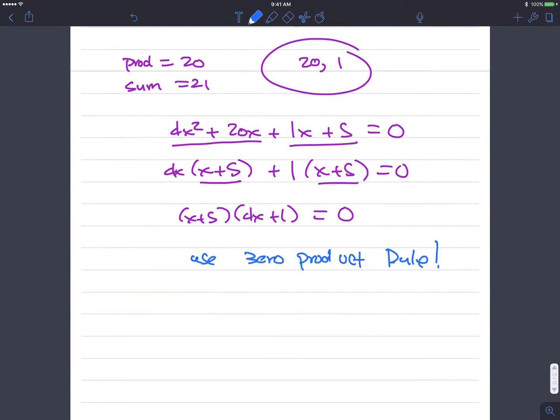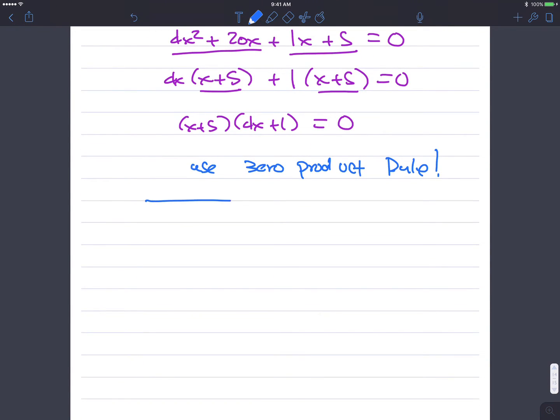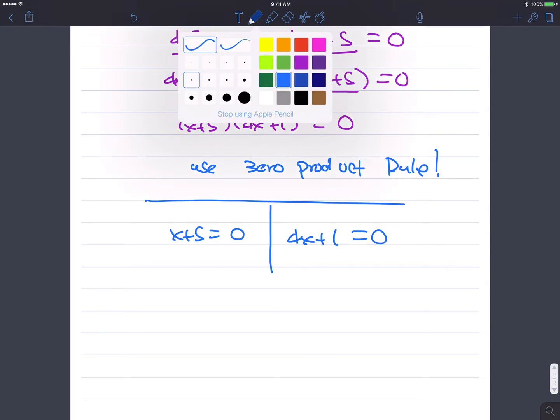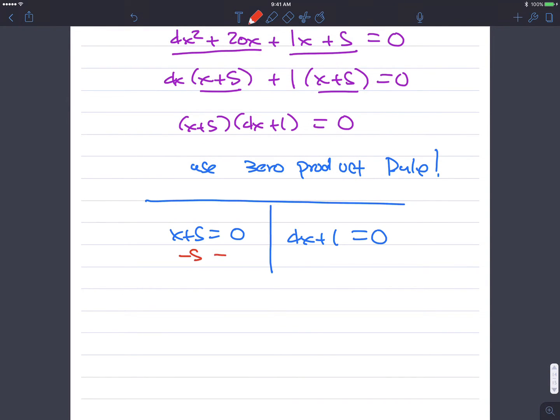So zero product rule now says x plus 5 is 0, or 4x plus 1 is 0. Subtract 5, subtract 1. X is negative 5, or 4x is negative 1.